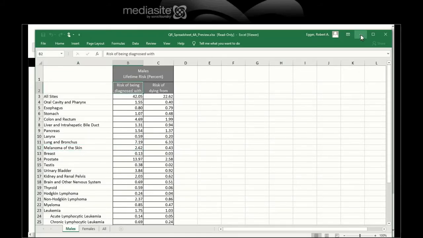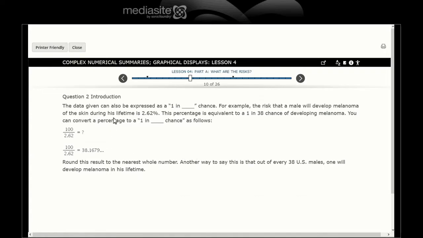Okay, yes. And how they convert that to 1 in some chance is, well, here's the ratio. Here's the chance, 2.62, the percentage.